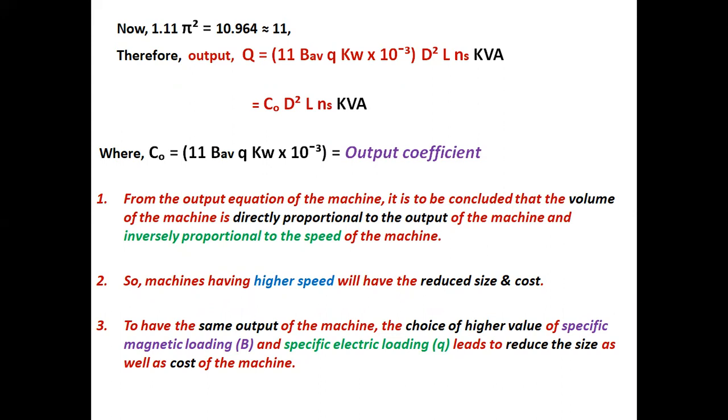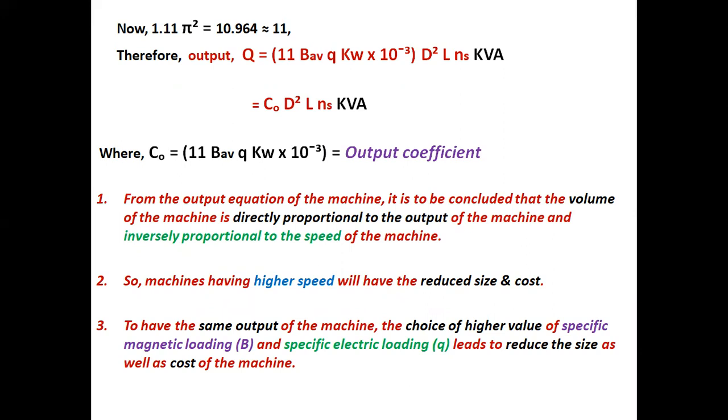From this output equation, we can conclude: 1. The volume of the machine is directly proportional to the output of the machine and inversely proportional to the speed of the machine. 2.